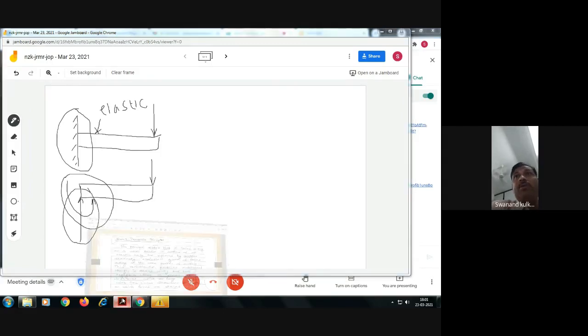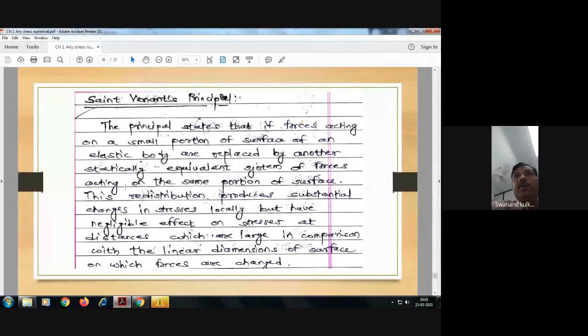Is it okay? So the word purposefully used in Saint Venant's principle is redistribution. Is it okay? This is considered to be redistribution, and that produces substantial change in stress locally. Is it okay? So there will be effect locally, but negligible effect on stresses at a large distance.